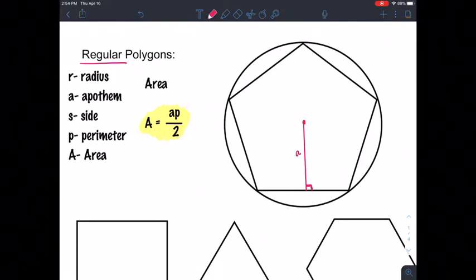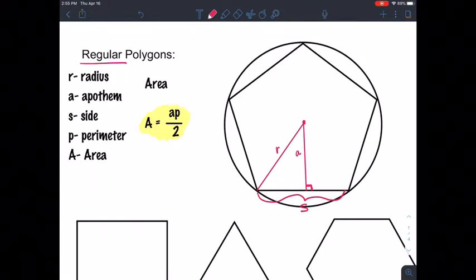And we have this figure inscribed inside a circle. And if we were to draw in a circle's radius, it would also intersect the vertex of our polygon. Of course, perimeter is the same as the distance all the way around. And our side length will be this entire side here.